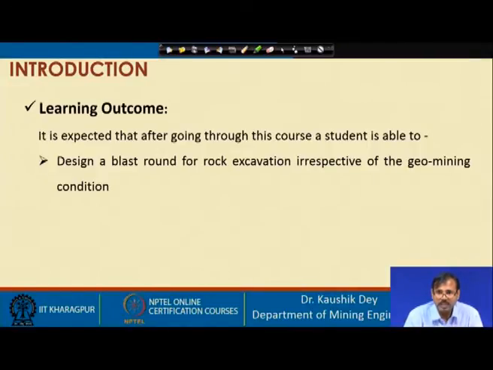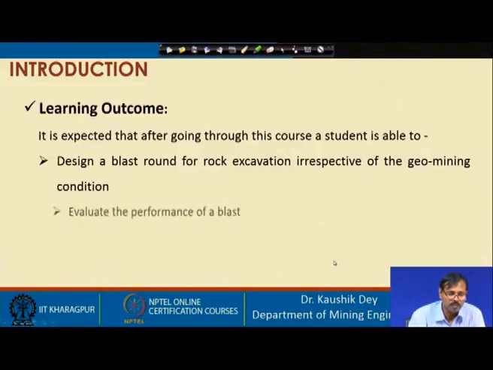It may be a surface case where some sensitive structure, a historical structure, is there. It may be a case where an explosive environment is there, like underground coal mines, but we need to blast it. In all these types of cases rock has to be excavated because it is the need of civilization, and our student must address it by designing those rock excavations by blasting after going through this course.